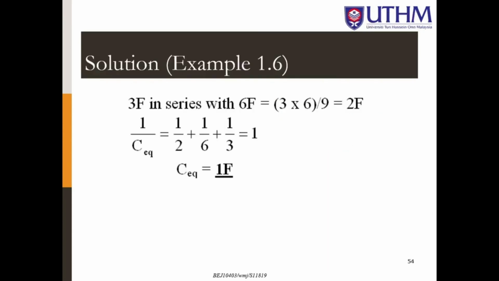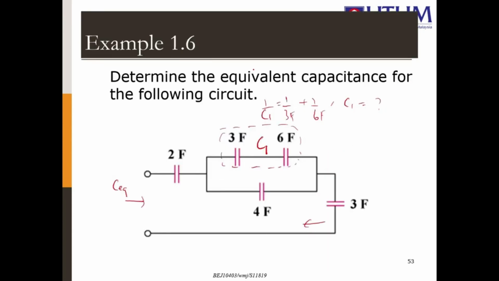Then from here we can simplify the circuit into this one. This is 2 farad, and then you have your C1 over here, and your C1 is parallel to the one with 4 farad. Over here you will have 3 farad.